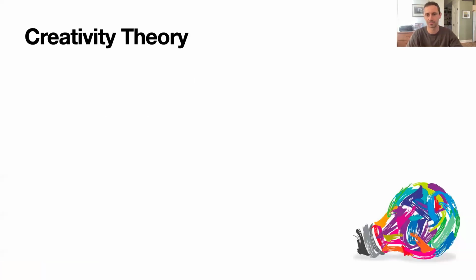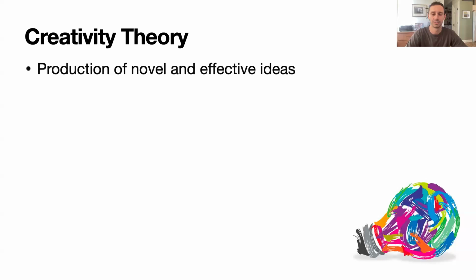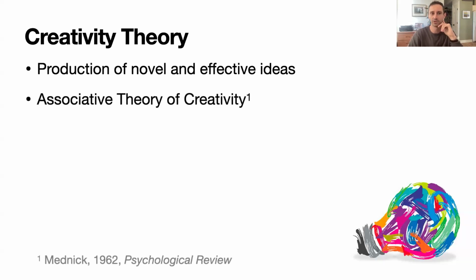So just a bit of background on creativity theory. Generally, creativity is defined as the ability to produce ideas which are both novel and effective or useful. And this goes back to Teresa Amabile more than 30 years ago. The associative theory of creativity, which again has been around for more than 50 years, essentially says that in order to come up with novel ideas, we recombine elements of semantic memory in novel ways.